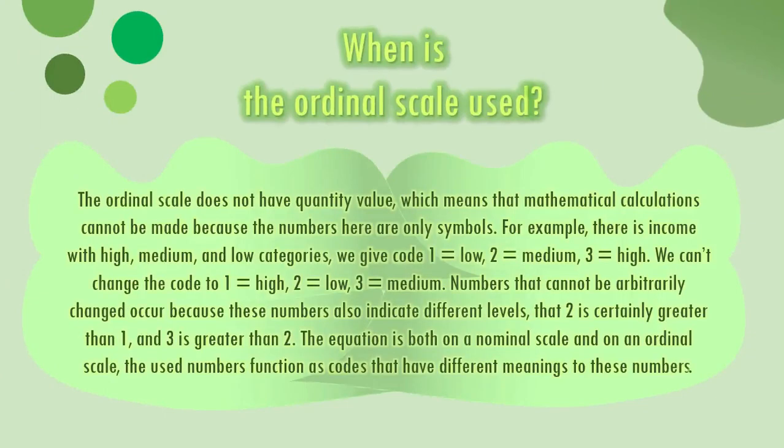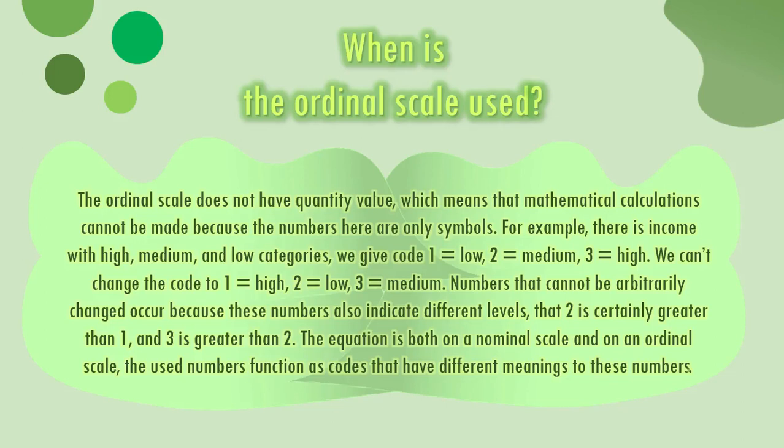The ordinal scale does not have quantitative value, which means that mathematical calculations cannot be made because the numbers here are only symbols. For example, there is income with high, medium, and low categories. We give code 1 for low, 2 for medium, and 3 for high.